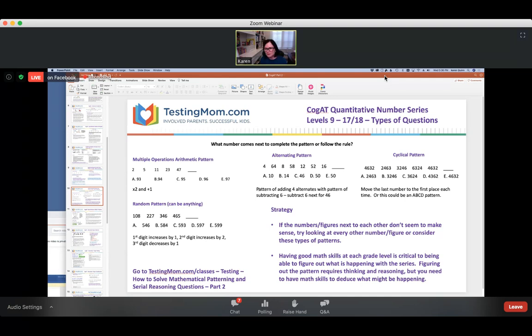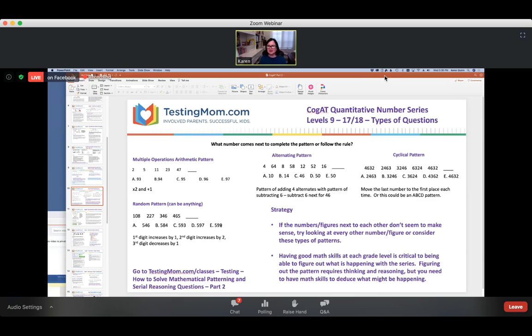And it's very important that kids have strong math skills to be able to figure out what's happening in a math series question. Because to figure these out, you need both. You need good math skills and you need good reasoning and thinking skills. And this is a thinking test. It's a cognitive test. So that's what you need for this one.